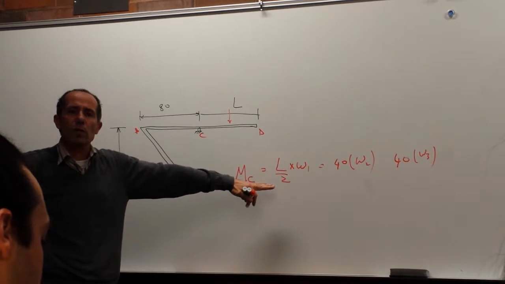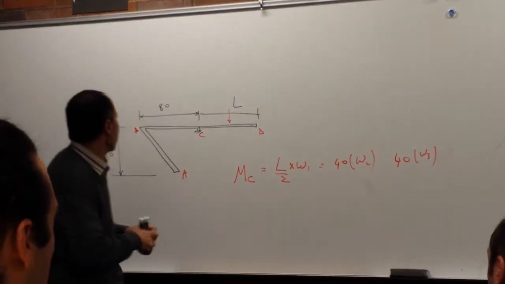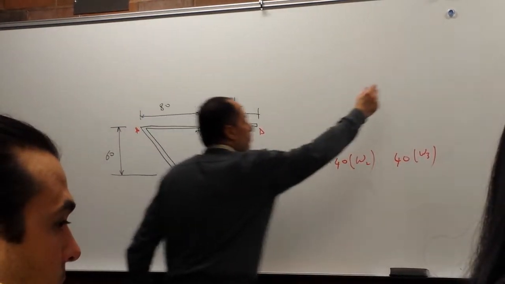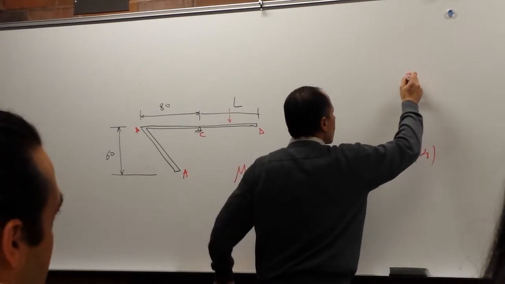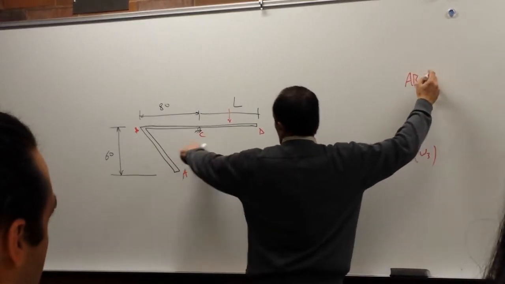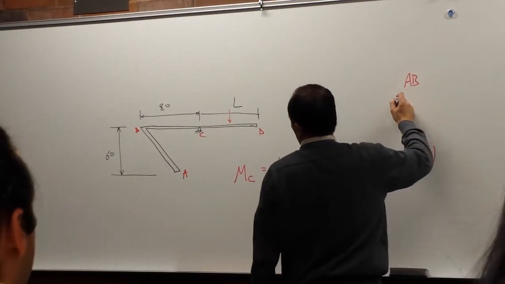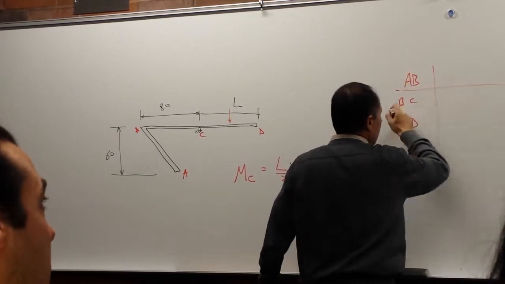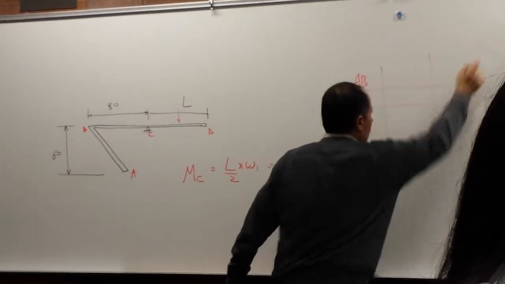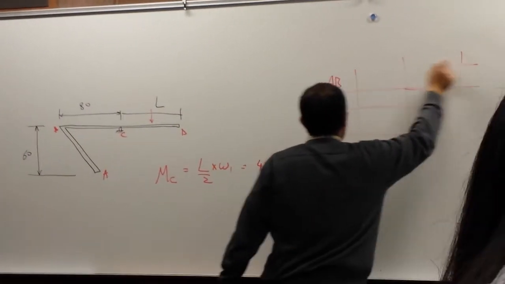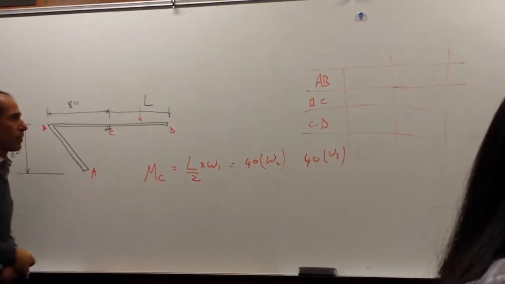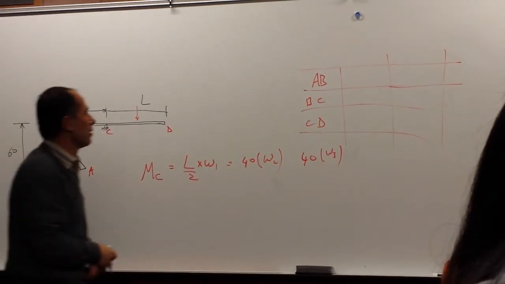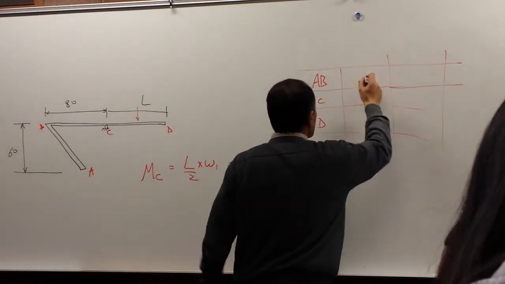Agree on how we should look at it? Now, if I want to call member AB, member BC, and member CD, what is the L? This is 80.